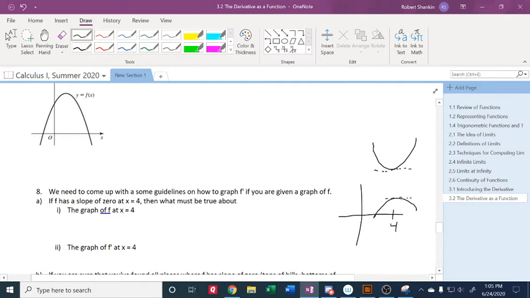So it's the bottom of a valley or the top of a hill. So the technical answer here is tangent line is horizontal.